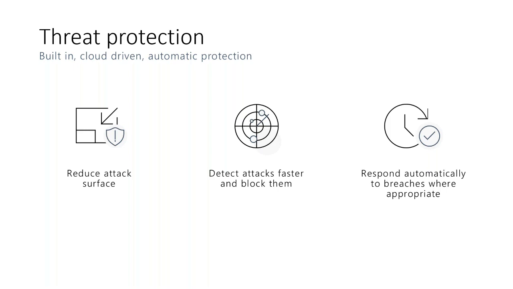Whether we're talking about a cloud service like Office 365, Azure, or the operating system like Windows, Microsoft are focused on providing that built-in protection, detection and response, and this is critical to quickly detecting attacks across the entire estate.